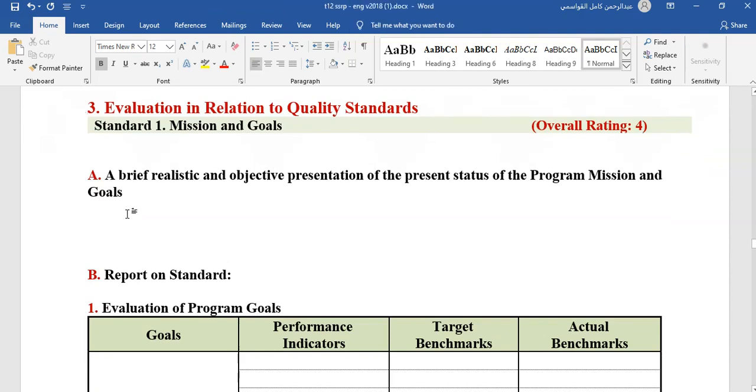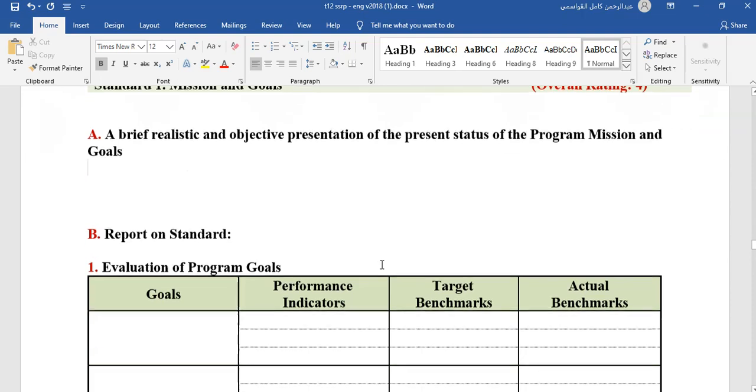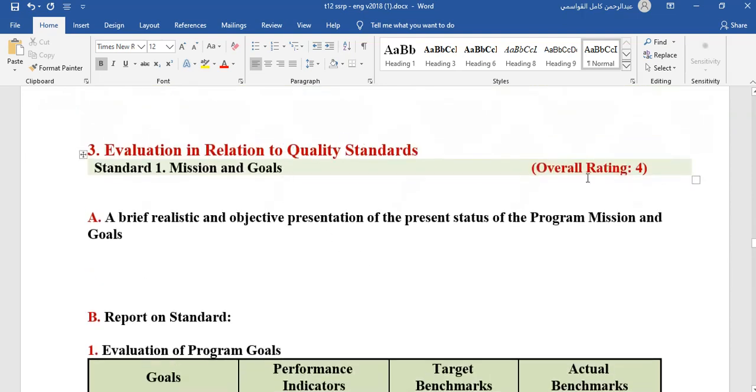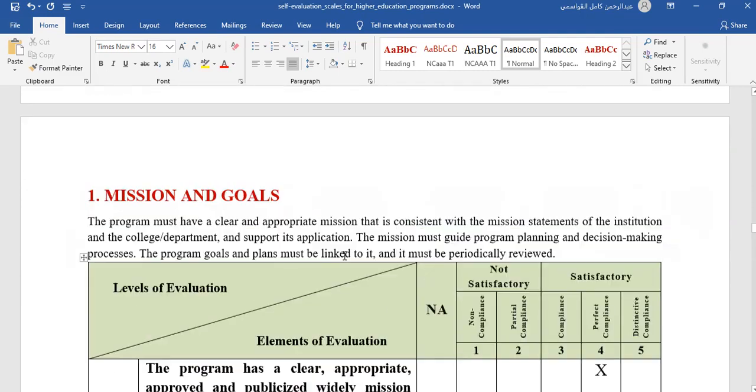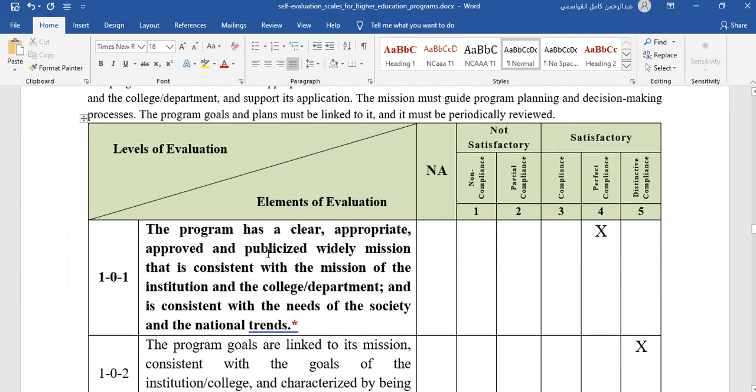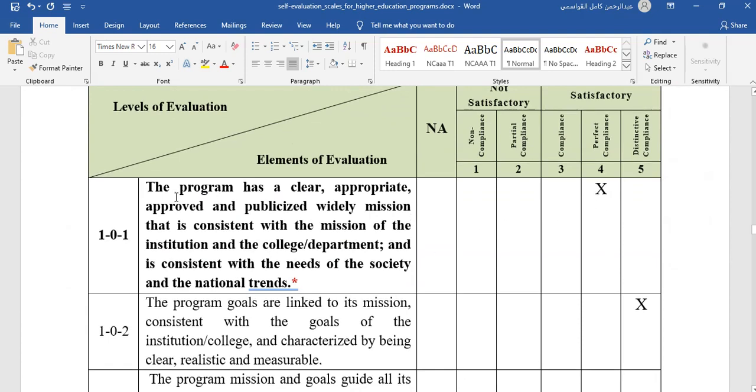I will not talk today about how to fill the self-study report for the program, but at least you have to take some information from the self-evaluation scale. For example, standard number 1 about mission and goals can be filled directly based on the items here. If you gave 4 here, the program has a clear, appropriate, approved, and publicized mission, so this is your strength.